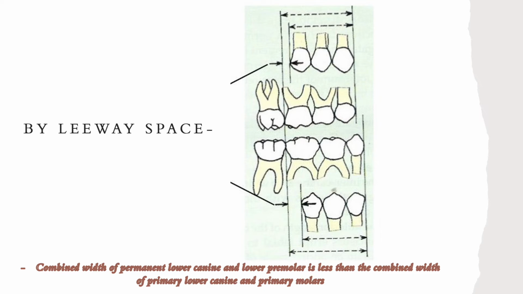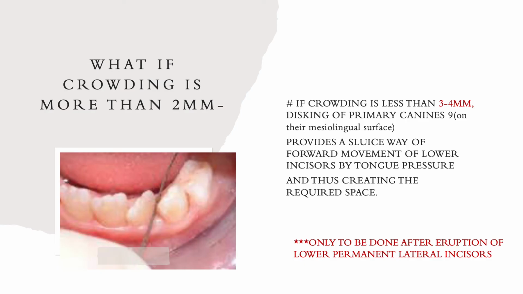Okay, now what happens if that crowding is more than 2 millimeters? Then the extra space provided by leeway space will not be sufficient for it to get relieved. In that case the doctor has to intervene. And what is the intervention?